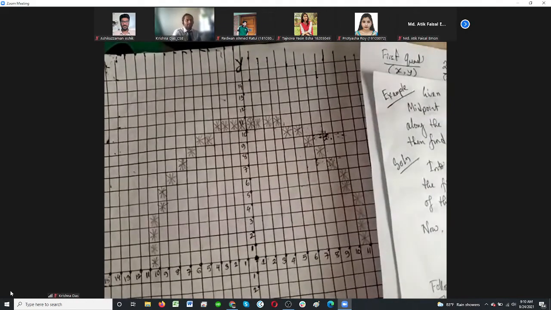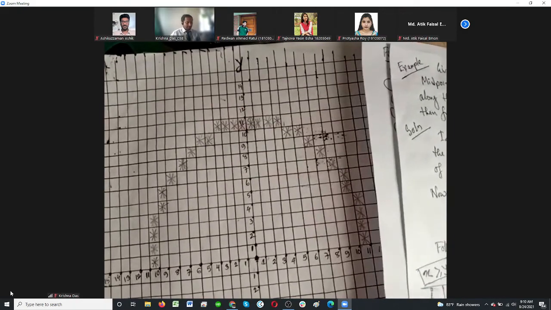Some students plotting the graph have just copied, not even counted by themselves where it can be put. You have done some kind of copy, that is very unfortunate. And the mistake the first student did, you also did according to them.